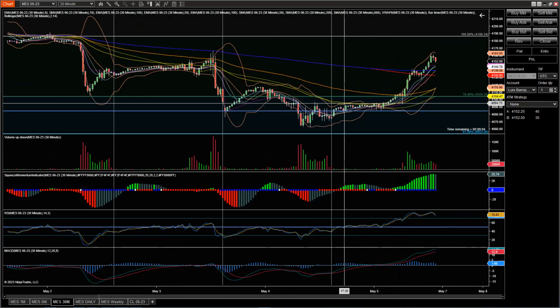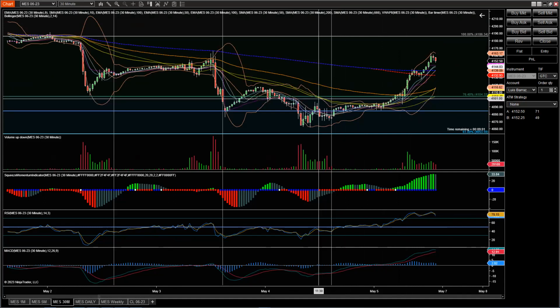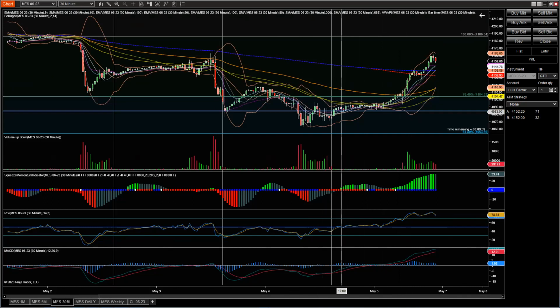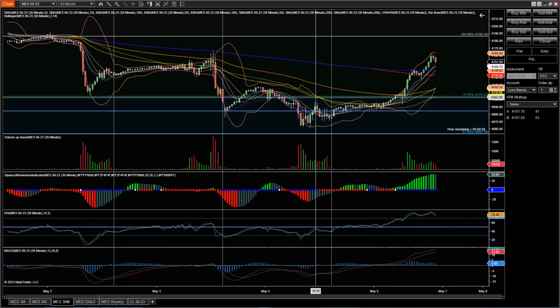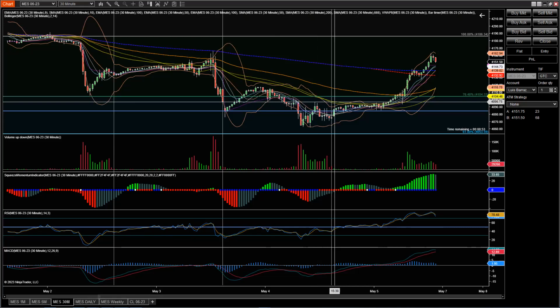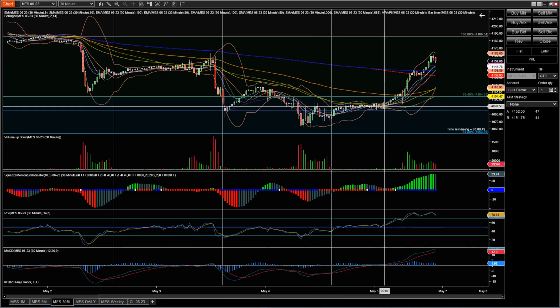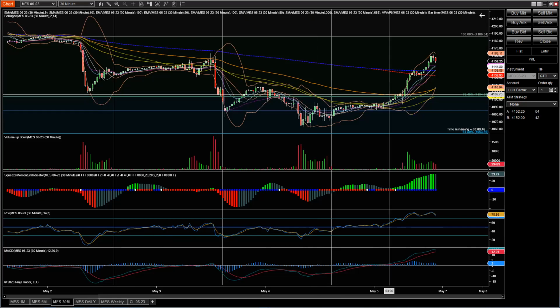So you could have caught that pop. I didn't because I forgot to put out my ATM fishing order. But you see the 50-50 cross right here. That's already, for me, bullish. It's gonna have at least enough steam to make it up to the 100.